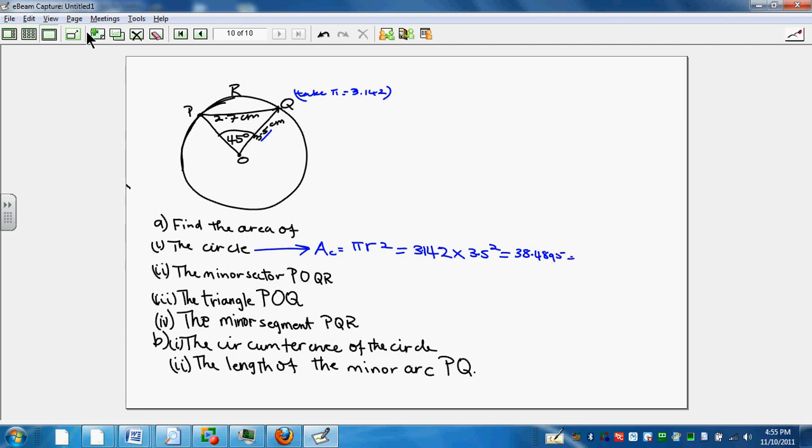If we round that off to one decimal place, you'll get 38.5 cm squared. Don't forget that your area will be a length unit squared. So you get 38.5 cm squared, to one decimal place. So that will be for the area of the circle.